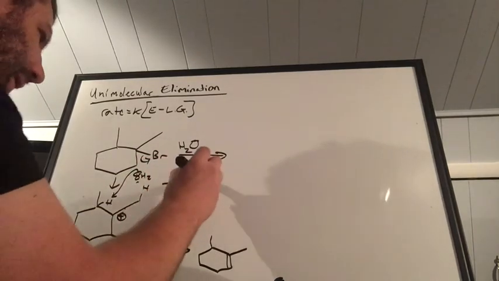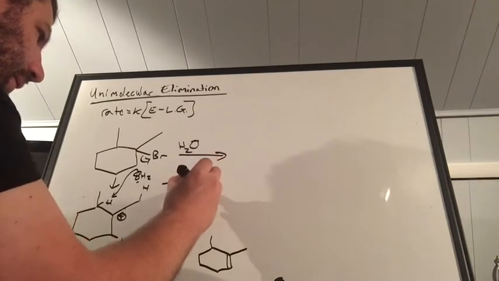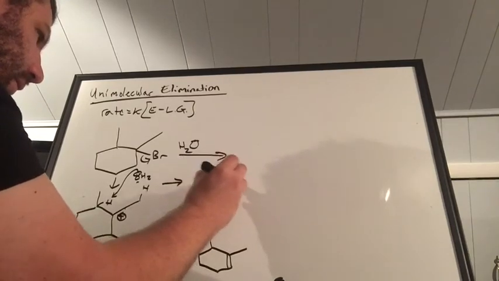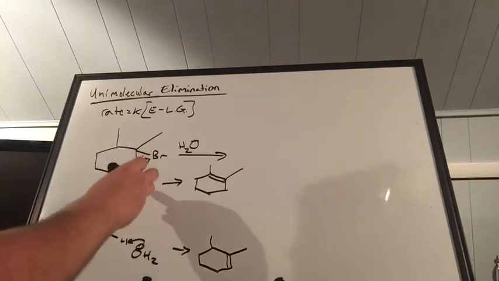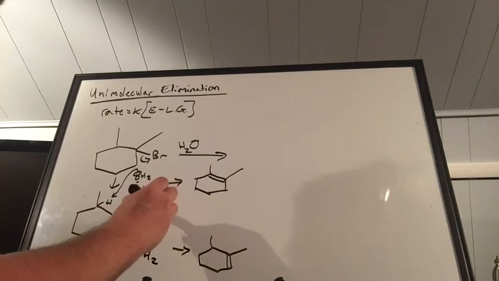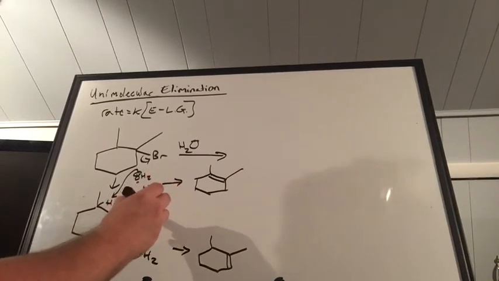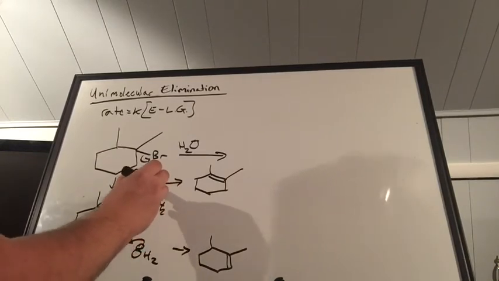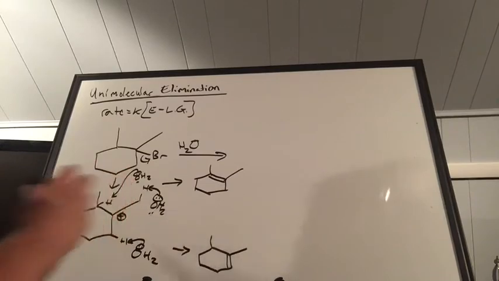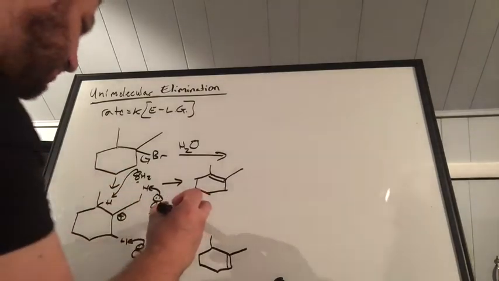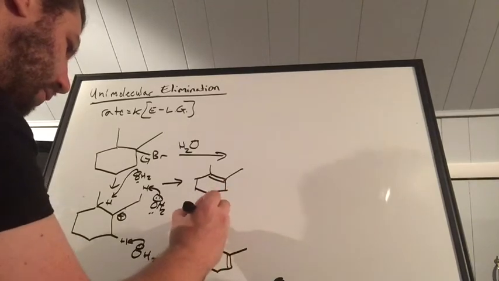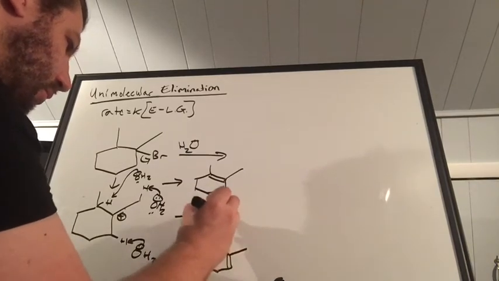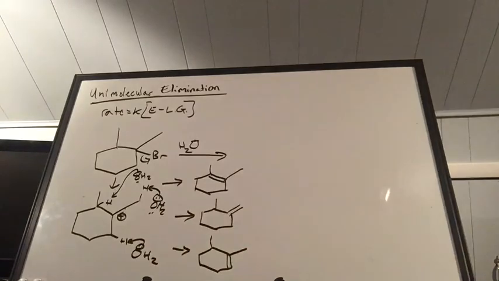So you're going to get a tetrasubstituted alkene. And from stripping off this hydrogen with water, these electrons are going to cascade down, and then you're going to form a geminal alkene, which is actually going to be the least stable of the 3.